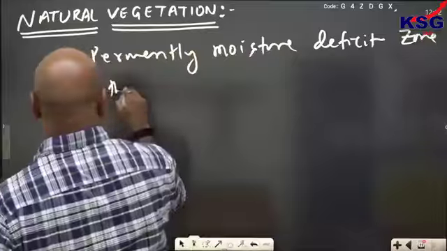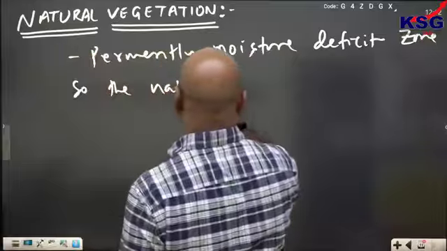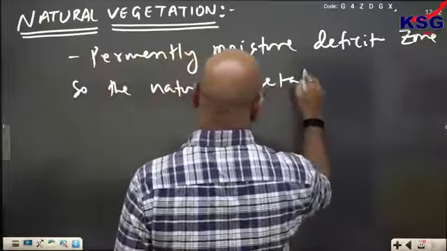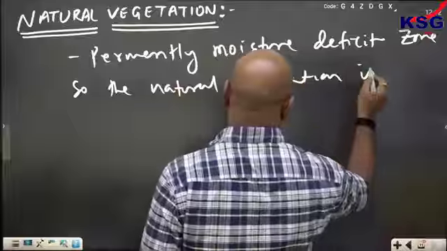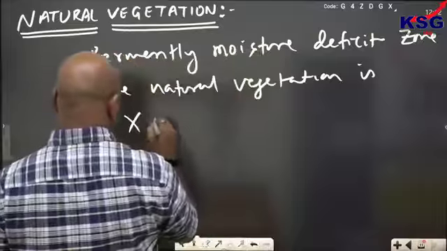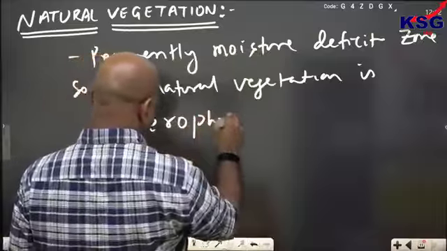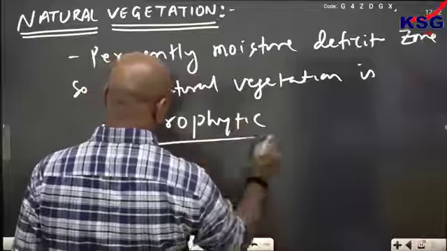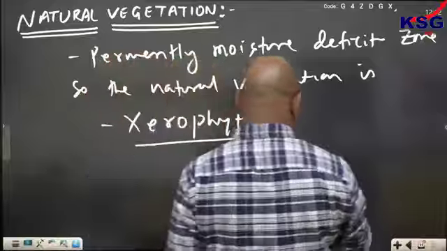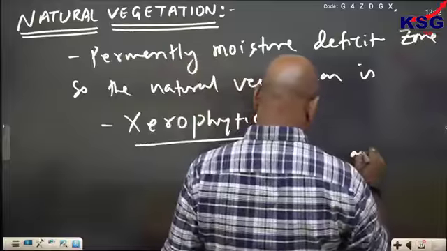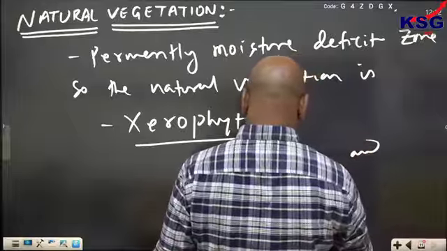So the natural vegetation is xerophytes, cactus and thorny vegetation.